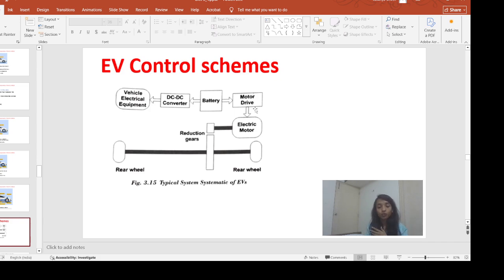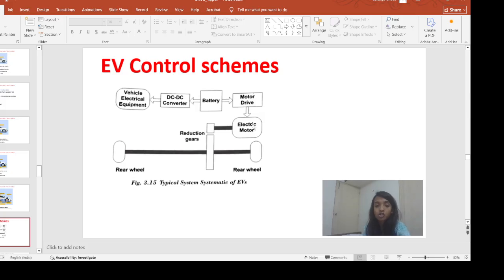Next is the motor drive. So this motor drive will control the electric motor. It will manage how much power it uses to drive the car. Okay. Next we have what? Electric motor. This part turns the electrical energy to the mechanical energy to move the car.